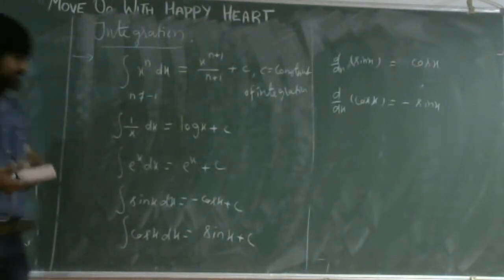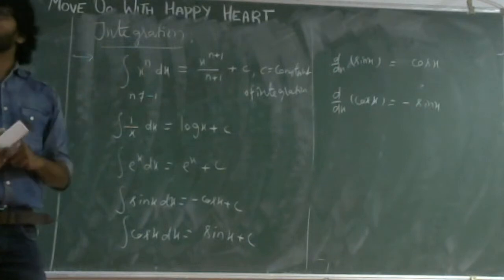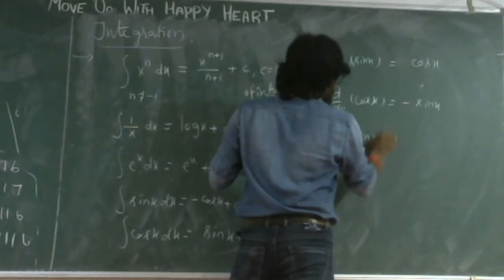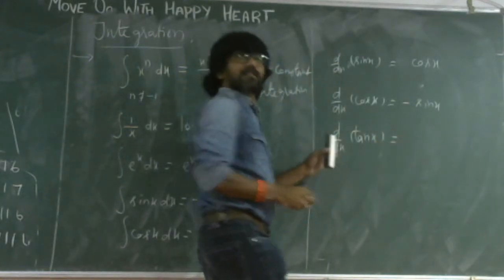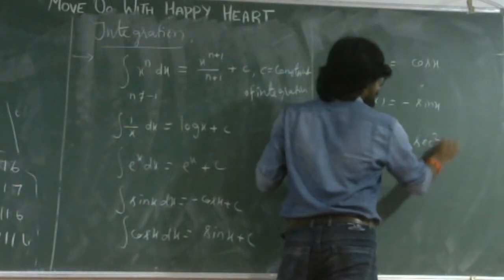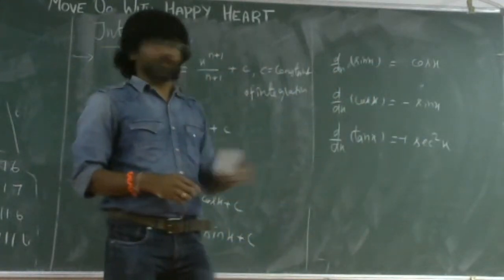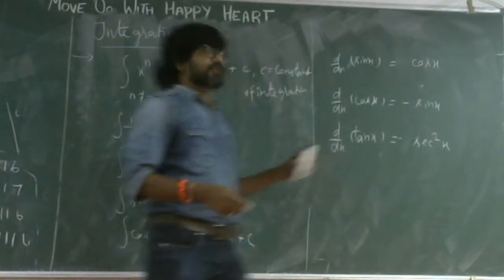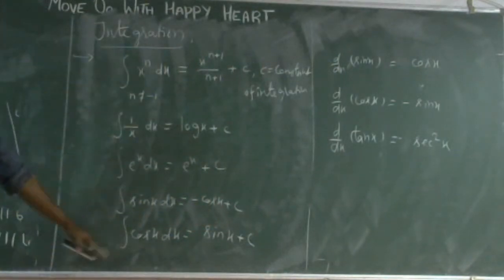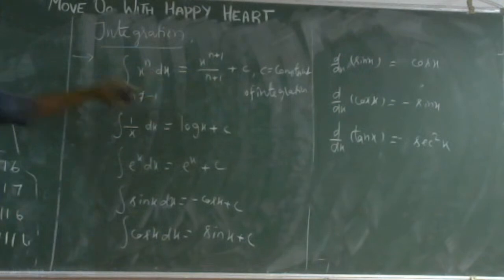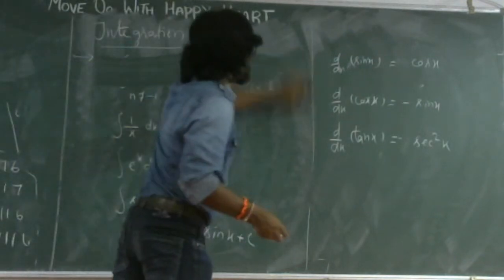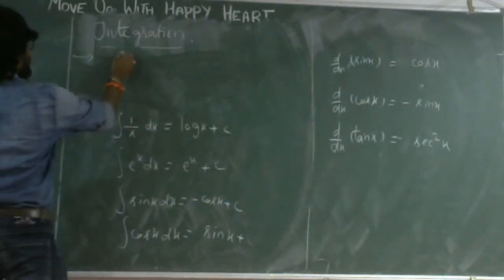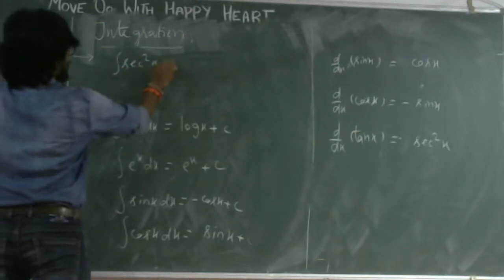Got it? Then differentiation of tan x. d by dx of tan x is plus secant square x. You will not write the plus sign; that means positive. So if you integrate this, you will get this one. So the integral of secant square x dx is what?